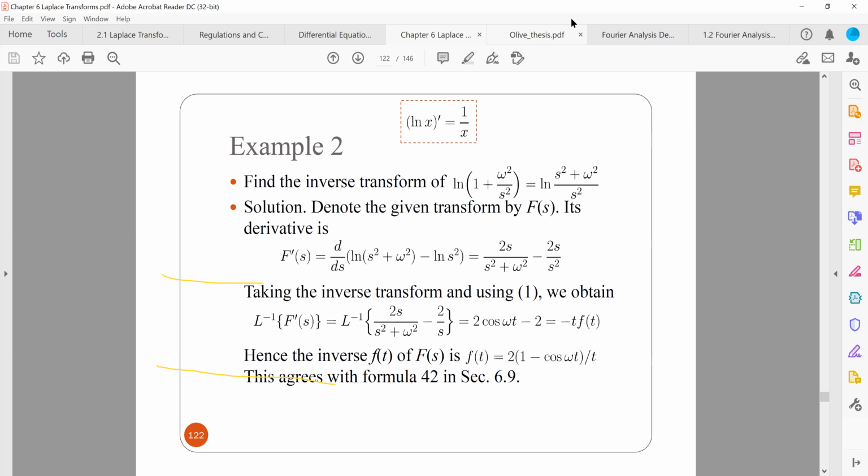We're going to differentiate the natural logs, all of them, using the differentiation principles. So what do you get when you differentiate? You get 2s over s squared minus a squared, then minus 2 over s.